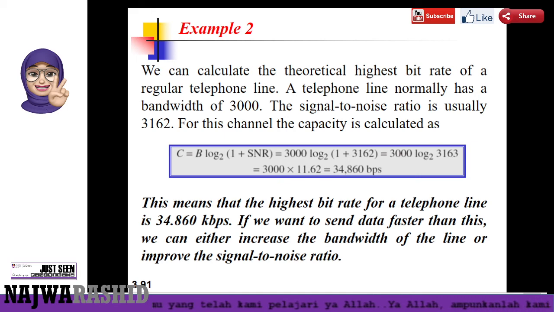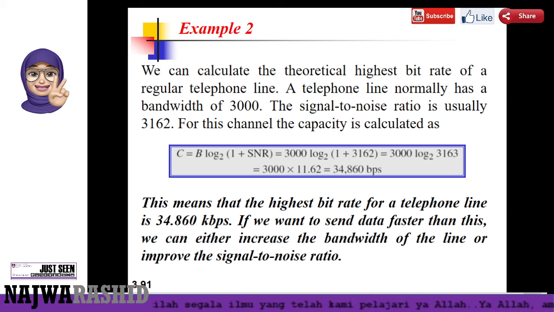So we get the capacity equal to 34,860 bit per second. Based on this result, this means that the highest bit rate for the telephone line is 34.860 kilobit per second, or 34,860 bit per second.